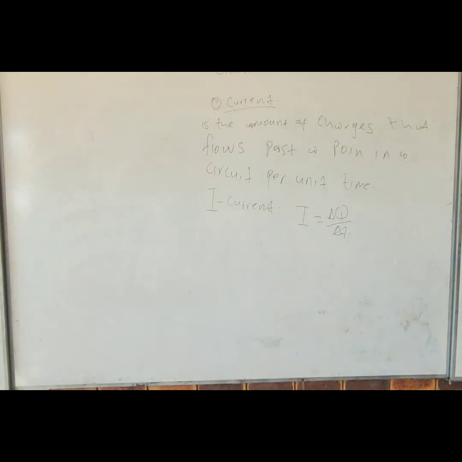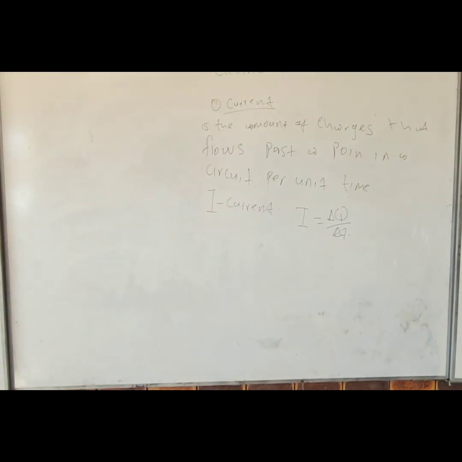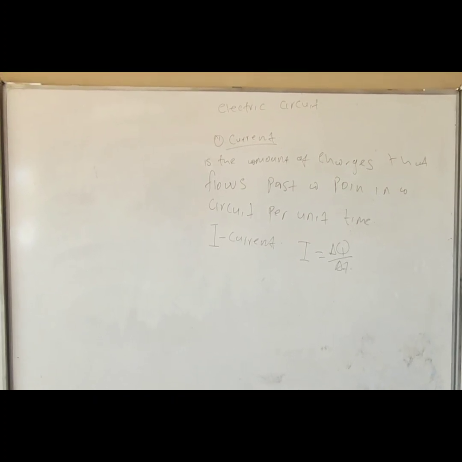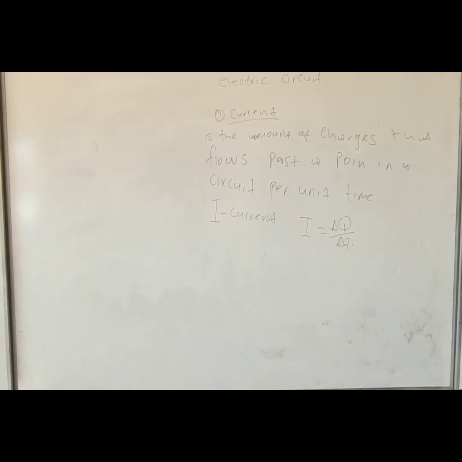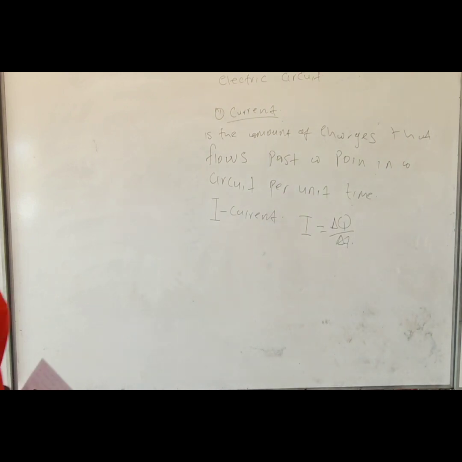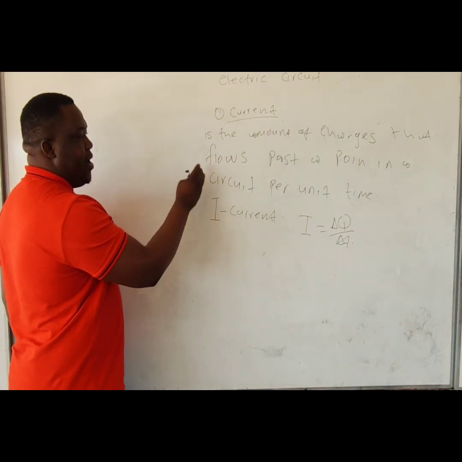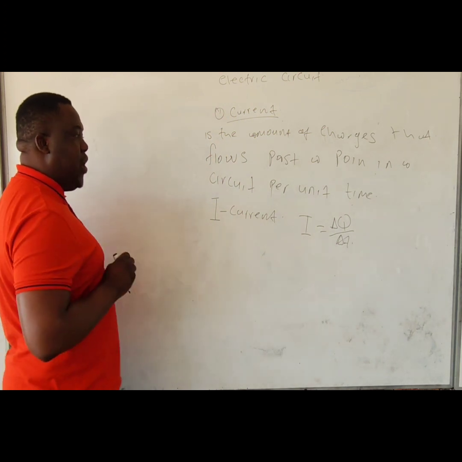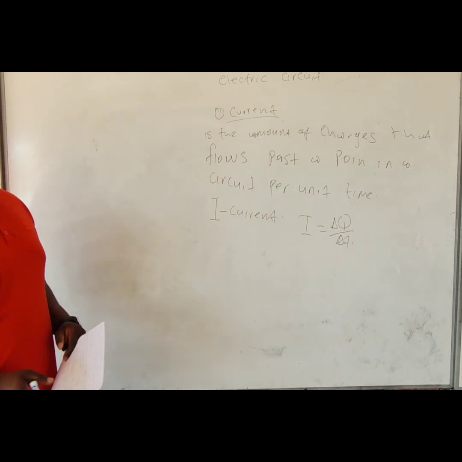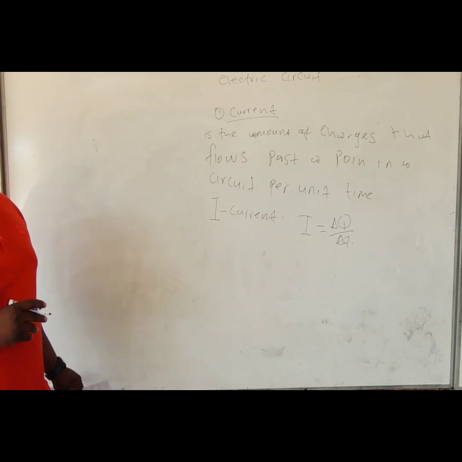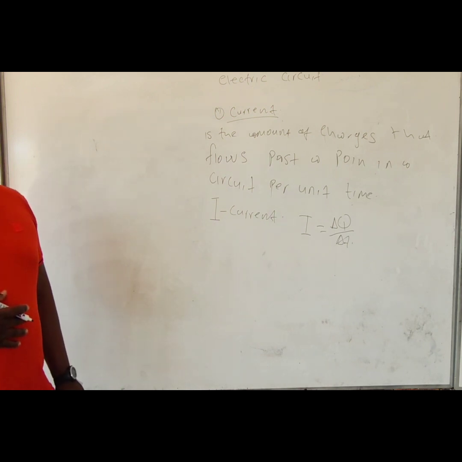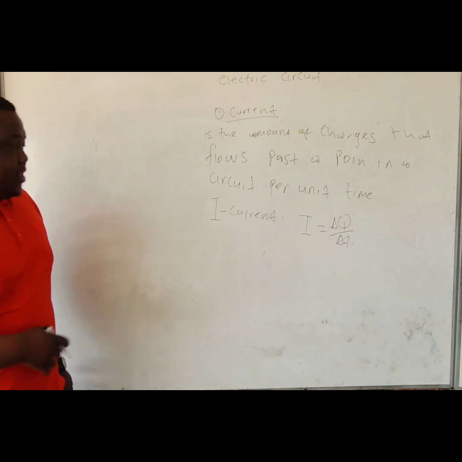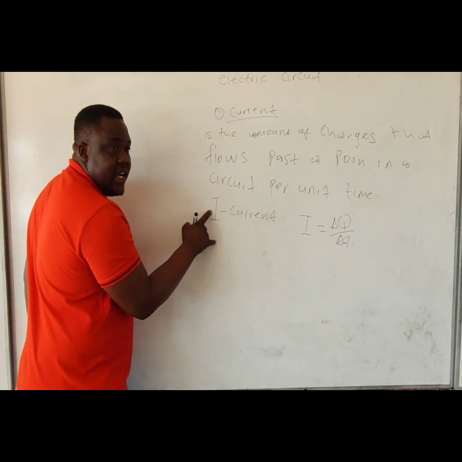Okay, we are continuing. As we have stated, current is the amount of charges that flow past a point per unit time. I is the symbol that represents current.